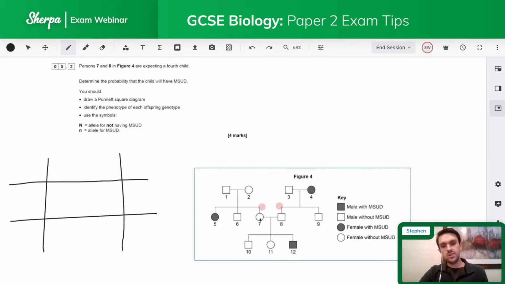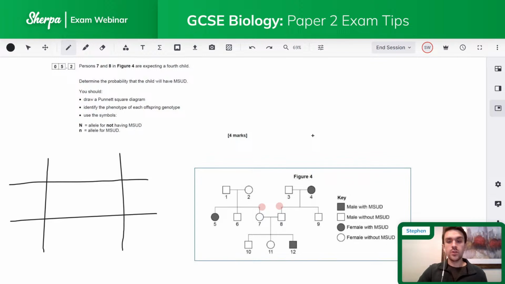The parents' genotype. This is really the crux of the question, the hardest part to understand. If the parents are unaffected, that means that they can't have 2 recessive alleles. So their genotype is not going to be little n little n. It's not possible, because otherwise they would be affected. They'd be shaded in.